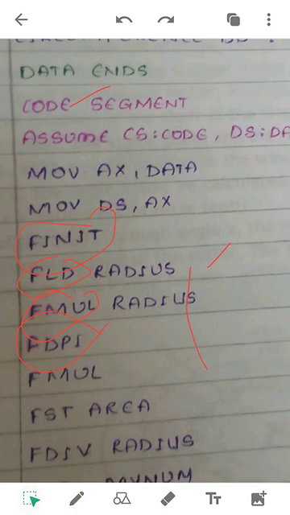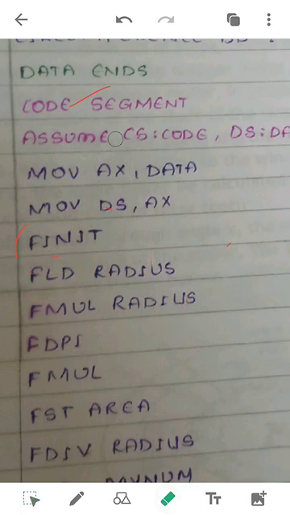So this example shows a code for the use of instructions which belong to both.